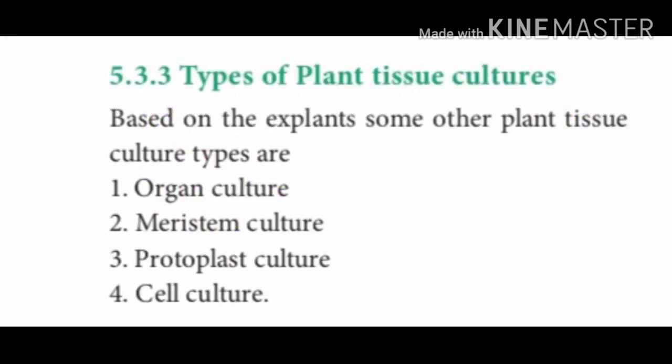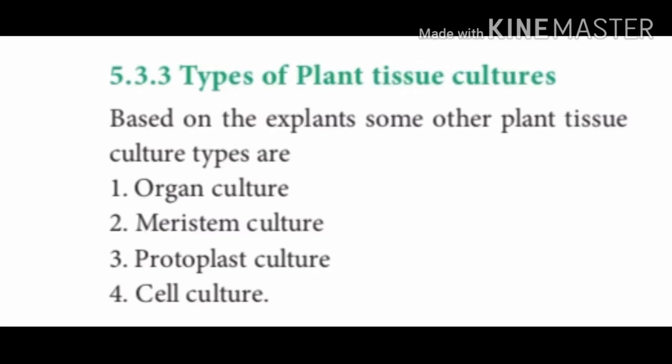Based on the explant, the plant tissue culture types are organ culture, meristem culture, protoplast culture and cell culture. In organ culture, instead of growing an entire plant, I concentrate only on developing a certain organ which is of great need. So I concentrate only on culturing the particular organ.